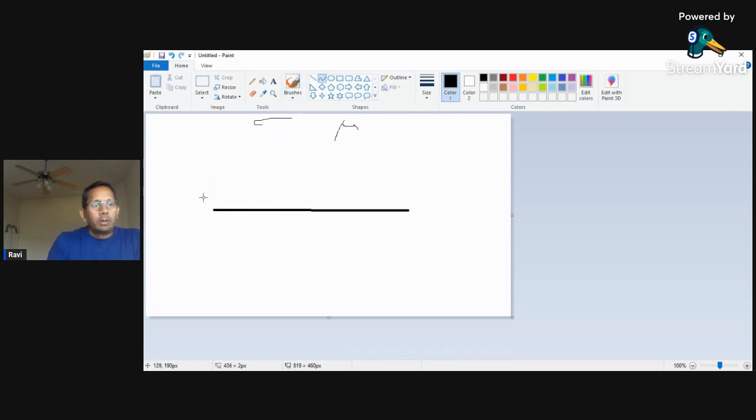Let me draw the curve. This picture represents the normal distribution curve, where we can identify a few things.